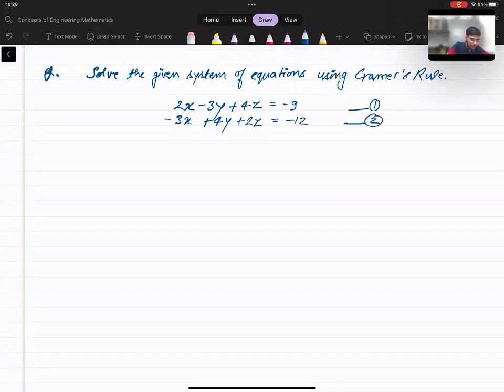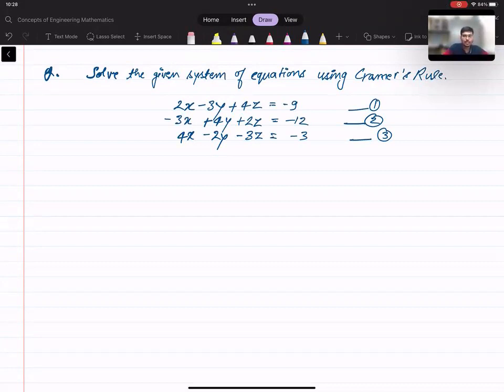This is the second equation. And the next one we have is 4x minus 2y minus 3z equal to minus 3. So we are given these three equations, and now we need to solve them using the Cramer's rule.